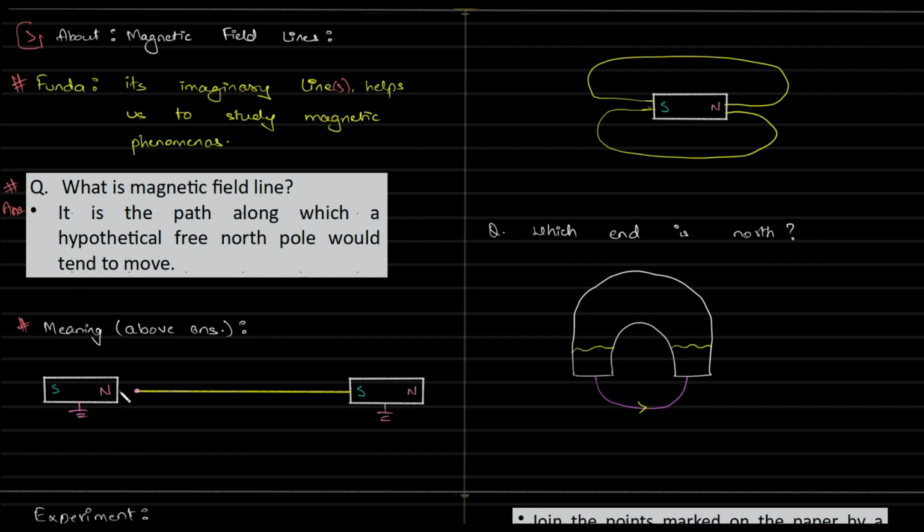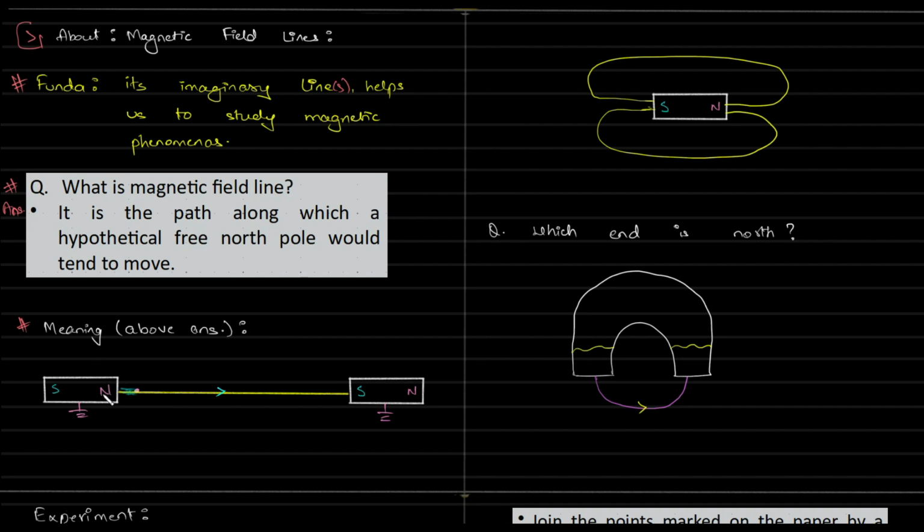So if I had kept it over here, touching this end, it would have been a straight line, something like this, and this would have accelerated this way, right? Makes sense? So if I had to write the direction for this line, the imaginary free north pole would have run in this direction. It's the same as having a test charge, if you remember, a positive test charge.